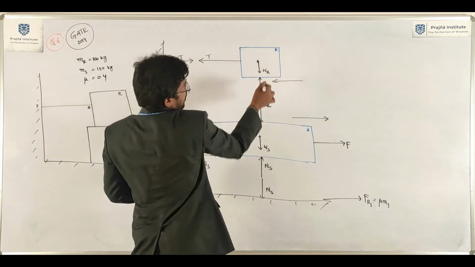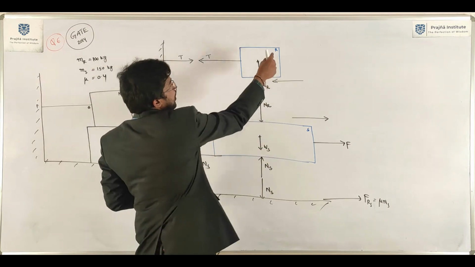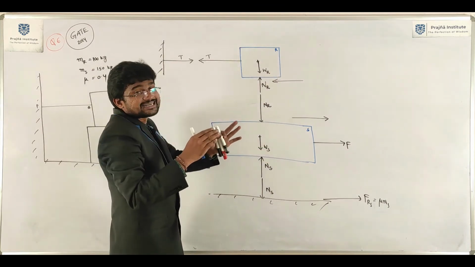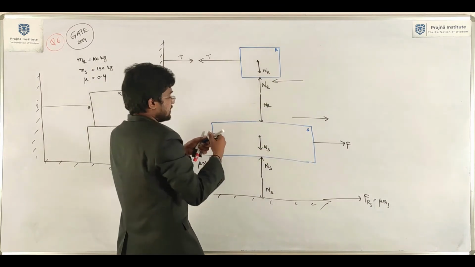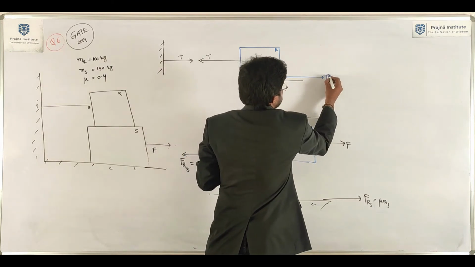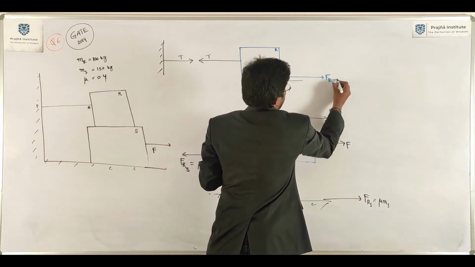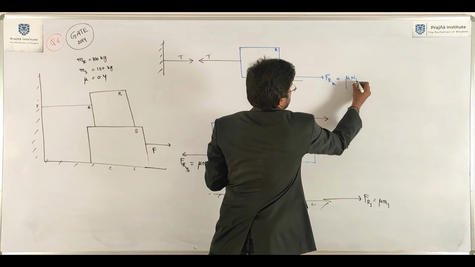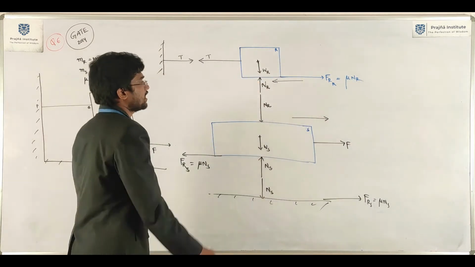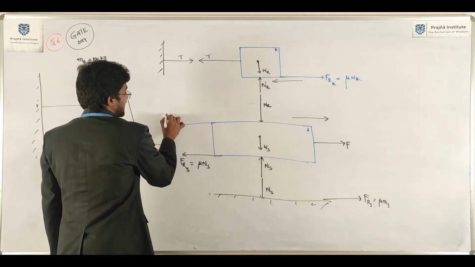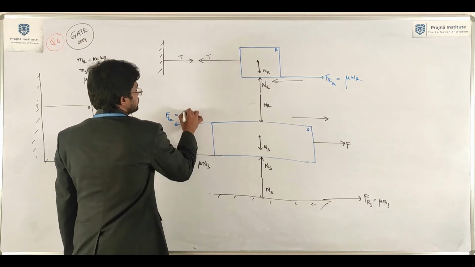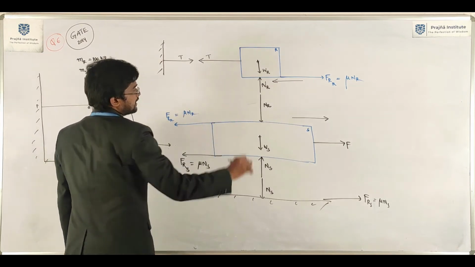Here, this block, this is the slip now. Block R tries to move in this direction. Then frictional resistance of block R equals mu into N_R. Relative friction will be acting here. F_RR equals mu into N_R.